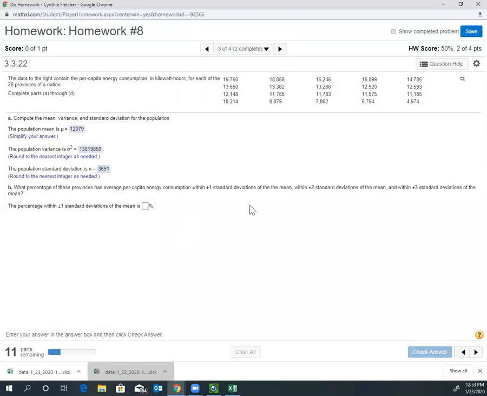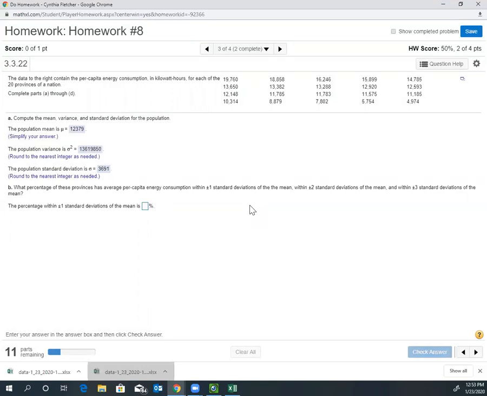All right, so here's the next piece. It says, what percentage is between one standard deviation of the mean?